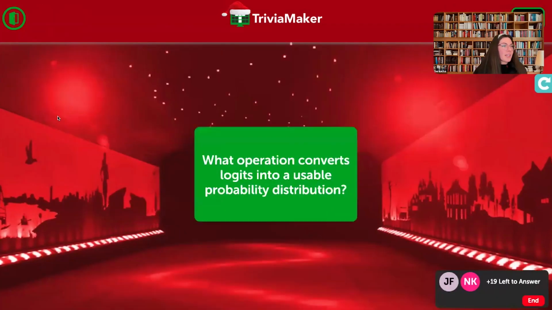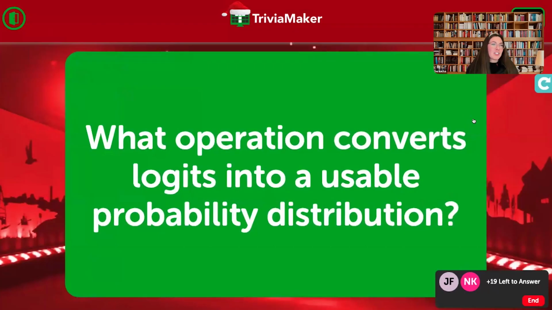Attention for 100. Let's do it. What operation converts logits into a usable probability distribution?